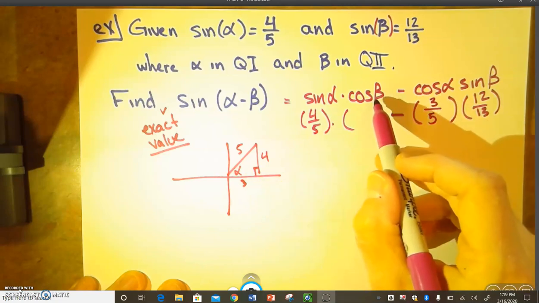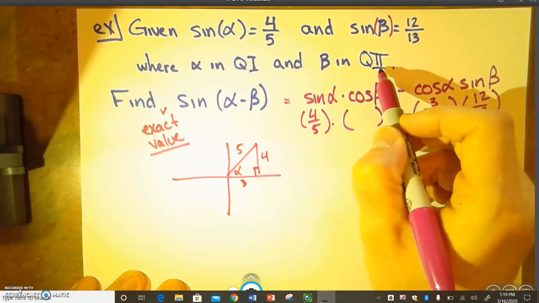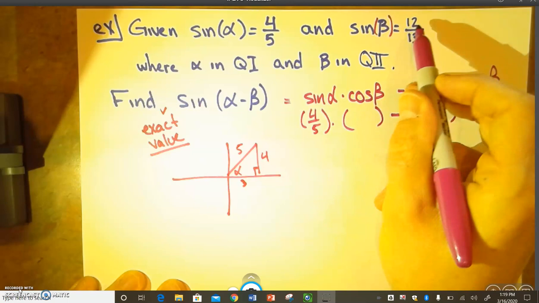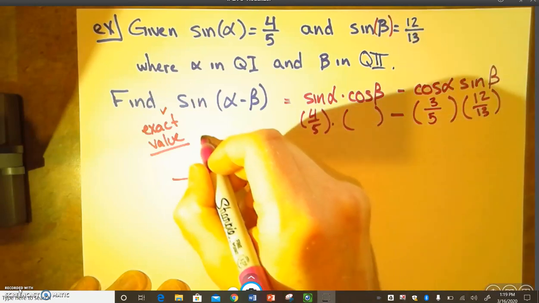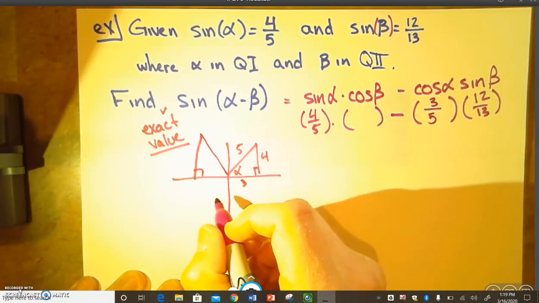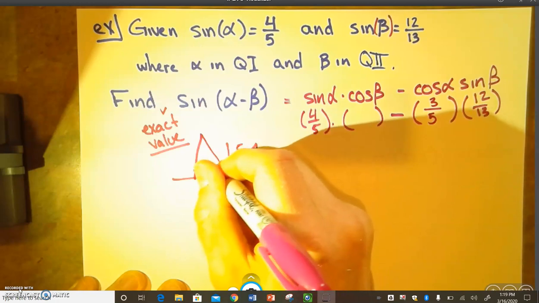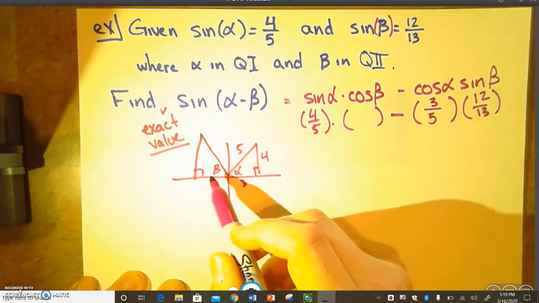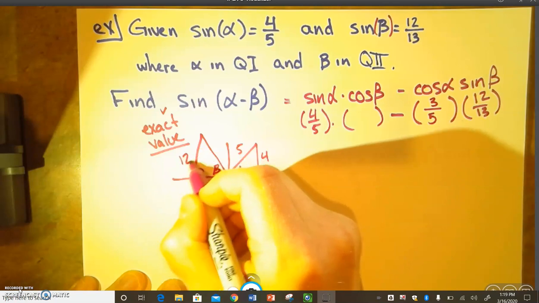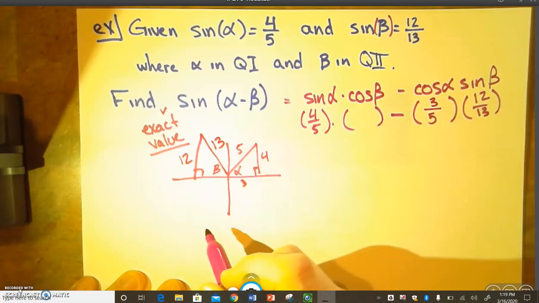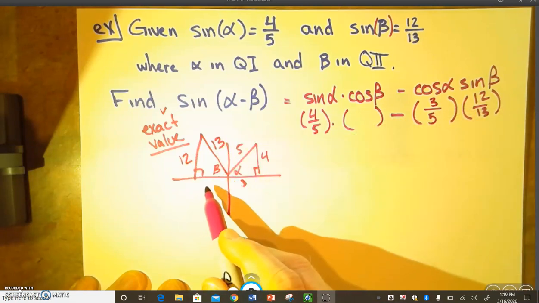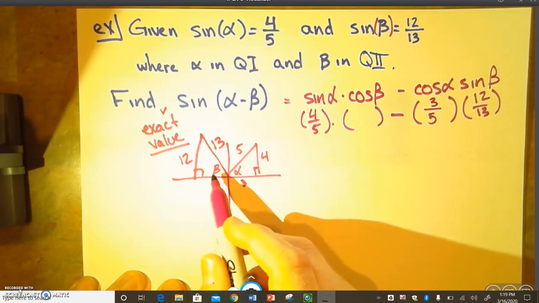Similarly, for cosine beta, well, I know beta is in quadrant 2. I know sine of beta is 12/13. So I can set up a different triangle now for beta in quadrant 2. We know sine is 12/13 for beta. The third leg, it's a 5, 12, 13 triangle.